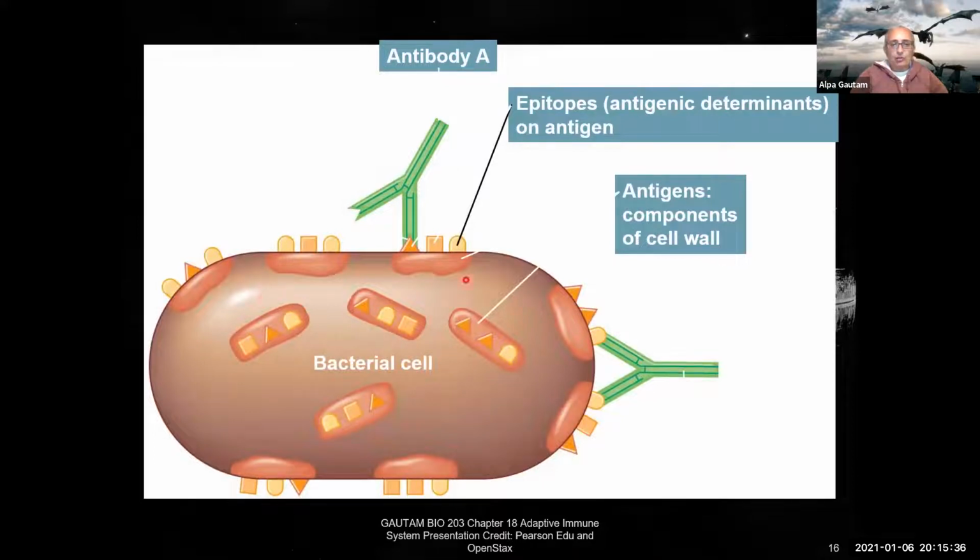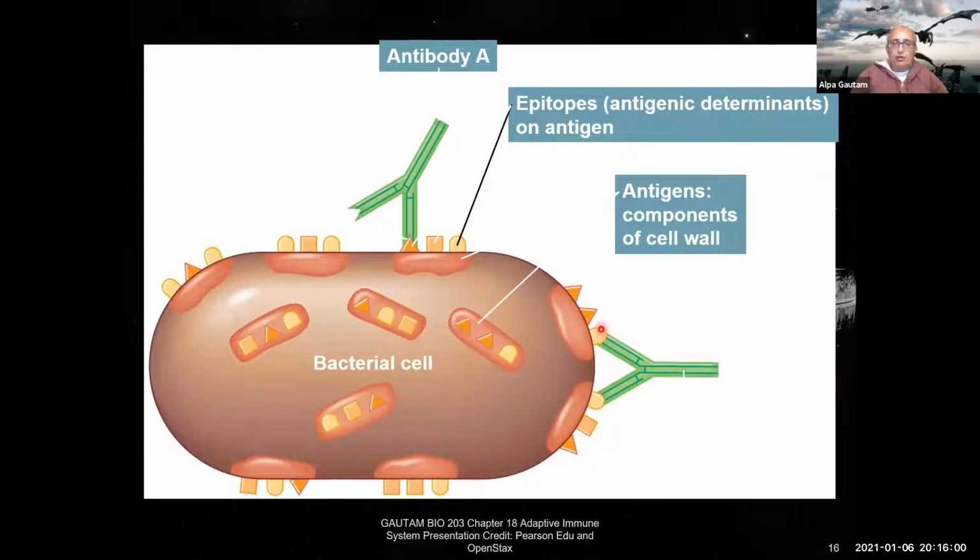So here's a bacterial cell, right? And it has these components sticking out from it, which could be called epitopes or antigenic determinants. And here's the antibody that happens to have a binding site. You can see this V-shaped thing. So here's a complementary epitope. This antibody will only bind to these epitopes, right?